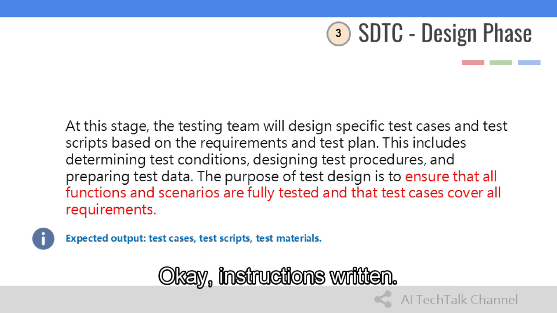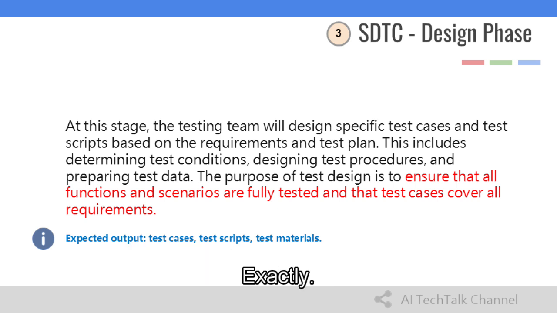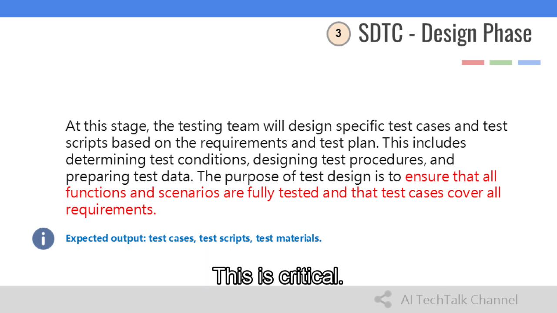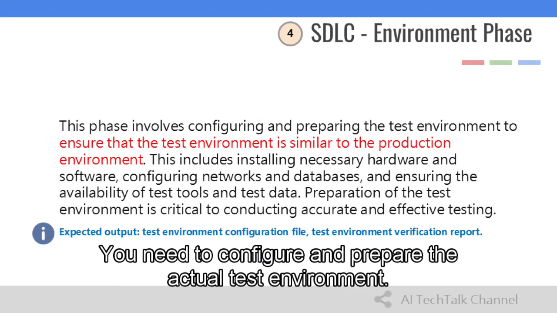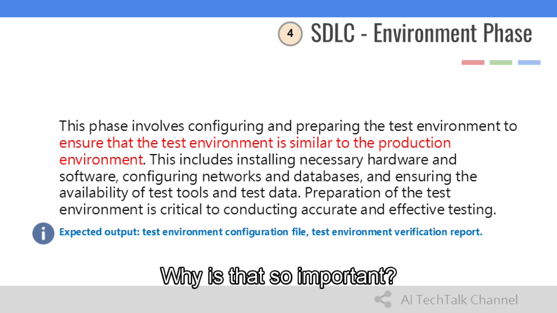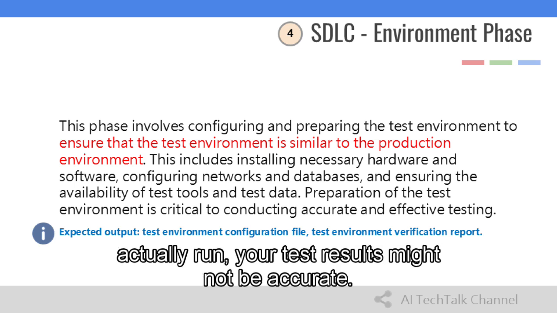Instructions written. Now, where do we actually do the testing? Exactly, which brings us to environment setup. This is critical. You need to configure and prepare the actual test environment, and ideally, it should mirror the final production environment as closely as possible. If your test environment is wildly different from where the software will actually run, your test results might not be accurate.